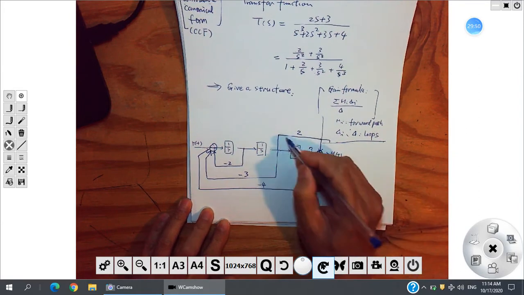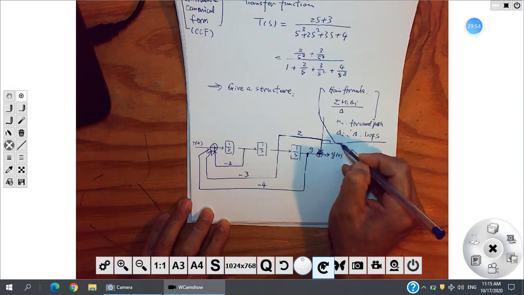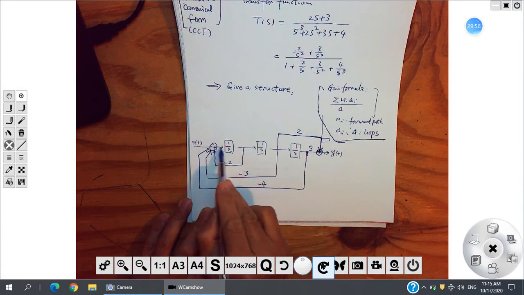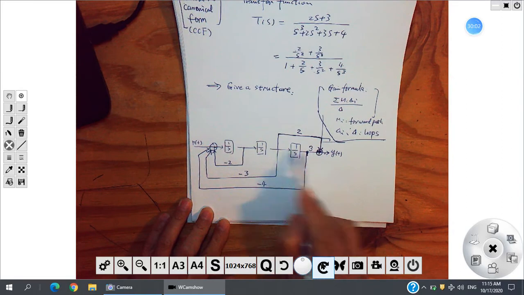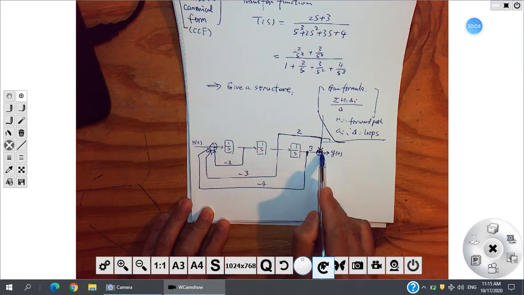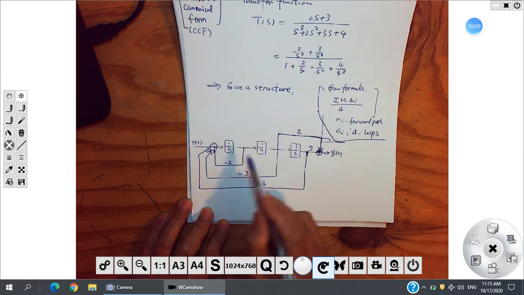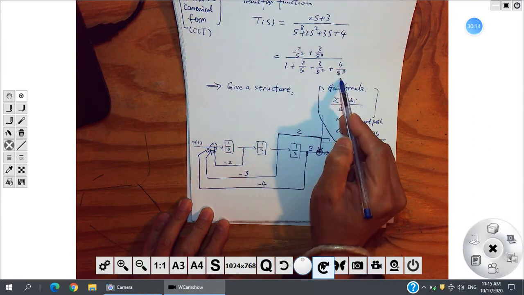Alright, now we have the structure. Starting with r, we have 2 forward paths, 3 over s cubed and 2 over s squared. They are in the numerator. And we have 3 loops, so 1 minus the first loop minus the second loop minus the third loop gives the denominator.